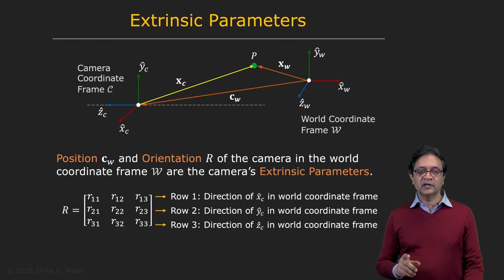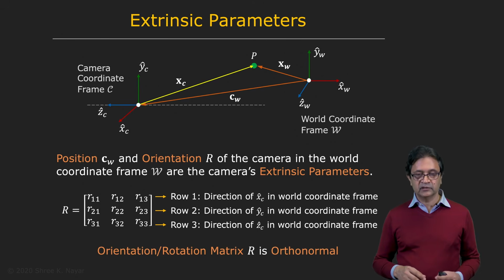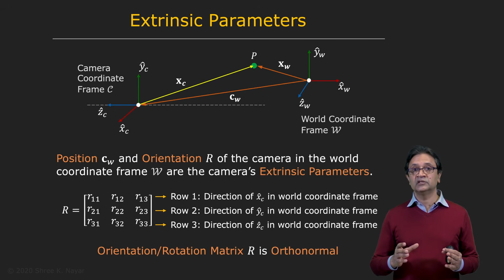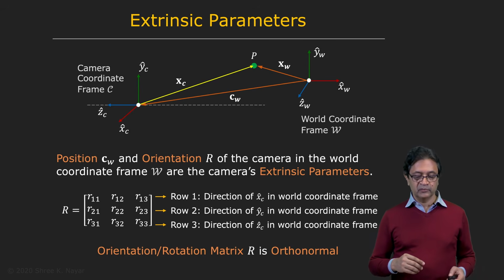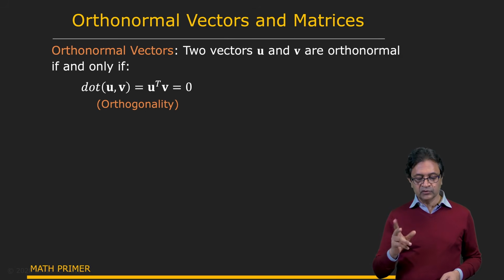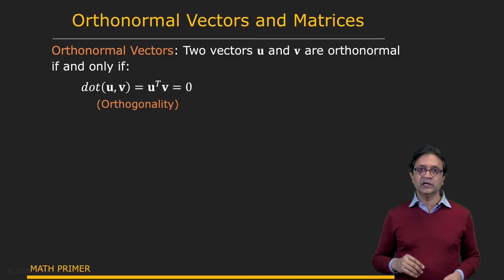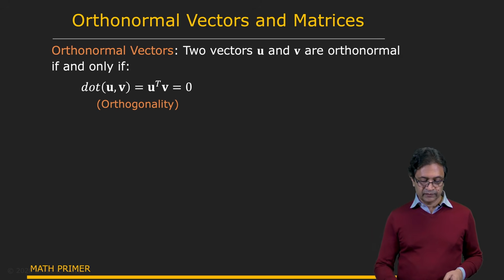But the most important thing is that the rotation matrix is special in that it's an orthonormal matrix. So let's take a look at what we mean by that. Two vectors, u and v, are orthonormal if and only if the dot product of the two vectors is equal to 0.